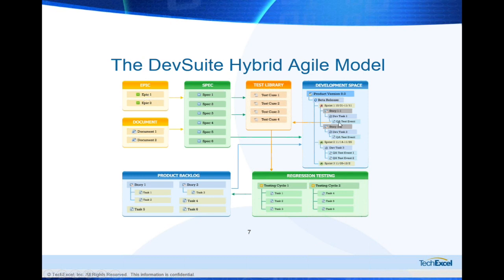But also, using the QA test event, you are making sure every development task is fully tested via defined test cases. And such developed test cases could be used by the QA team to do auto testing or regression testing. Obviously, within a development sprint, you might also perform auto testing as well.